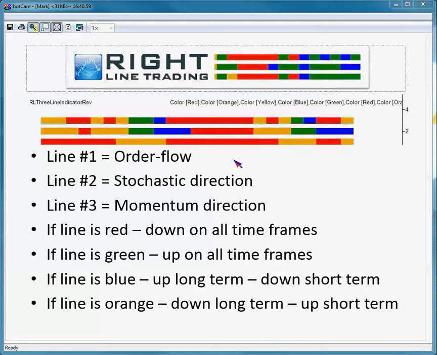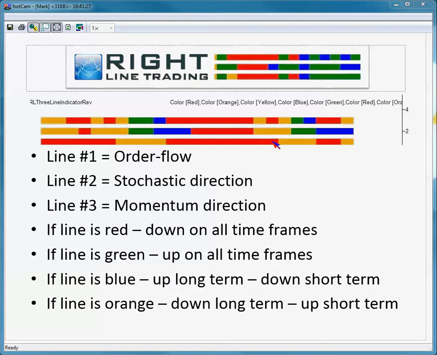If the line is red, it means that order flow, stochastic, and momentum are down on all time frames. If the line is green, it means that order flow, stochastic, and momentum are up on all time frames. If the line is blue, it means they are up on the longer time frames but down on the shorter.